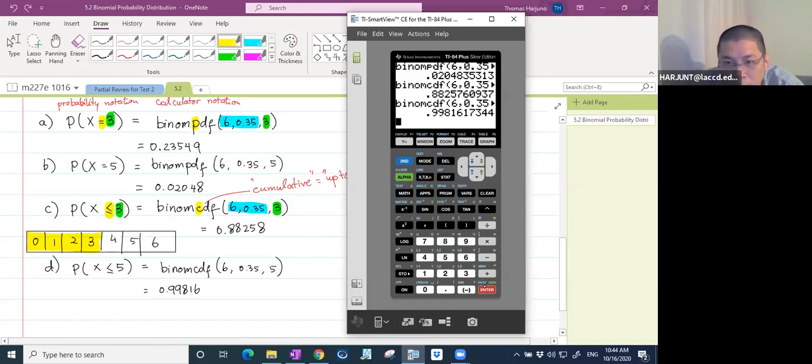Not enter, entry. On your calculator, there should be the yellow one. So if I want to change that entry, 5 becomes 3, I go second entry. It will copy that down for me, and then you go back, change this to 3. Boom, boom.